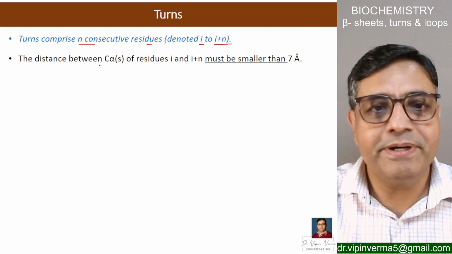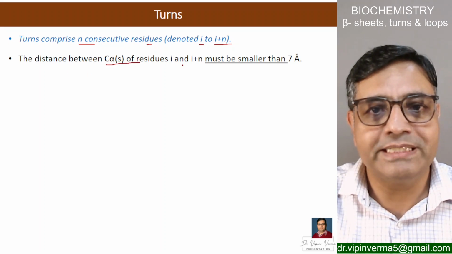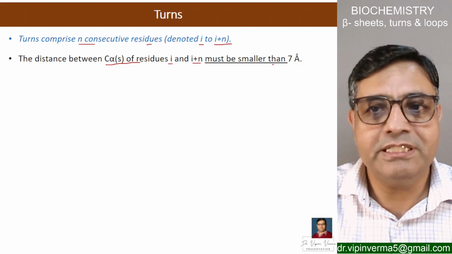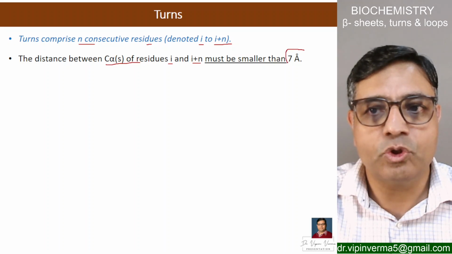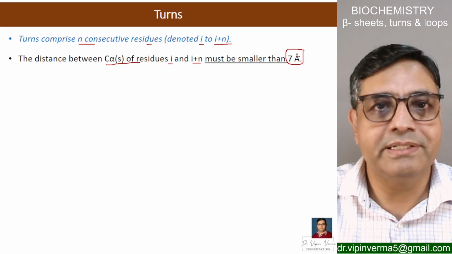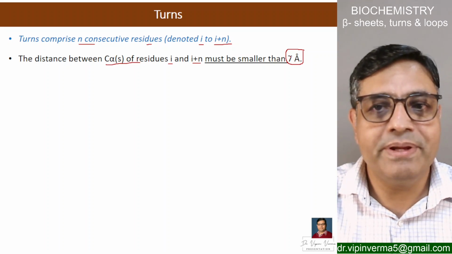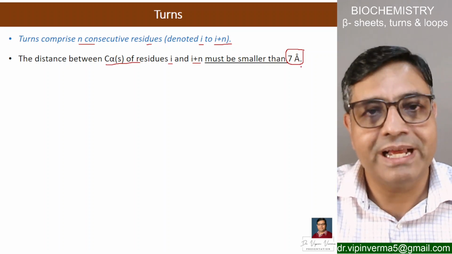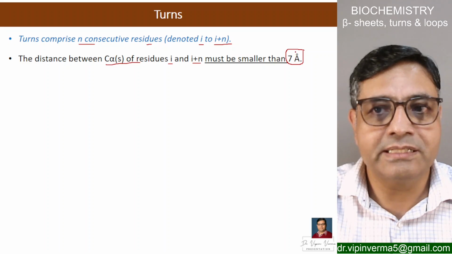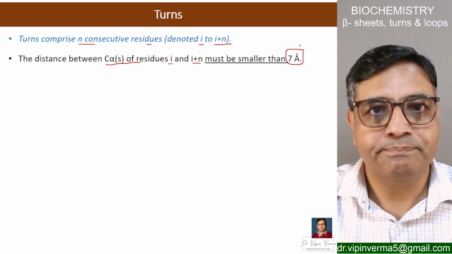So the distance between the C alphas of residue i and i plus n must be smaller than 7 angstrom. Remember, in some cases, some literature suggests that it may be smaller than 7.5 angstrom. It's okay, 7 or 7.5, but the majority of data supports 7 angstrom.